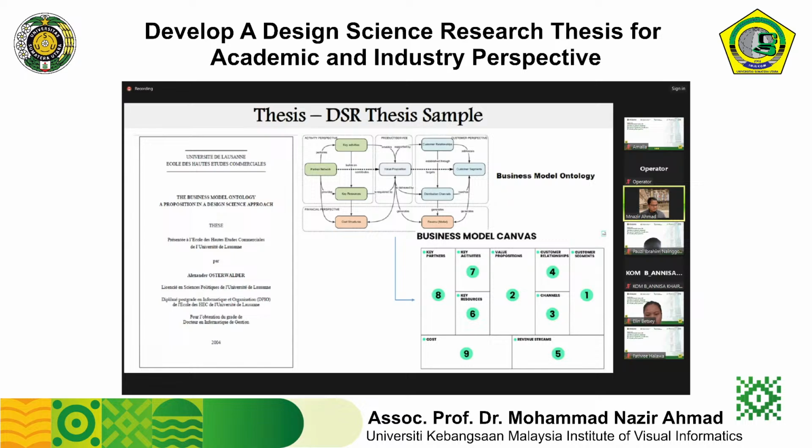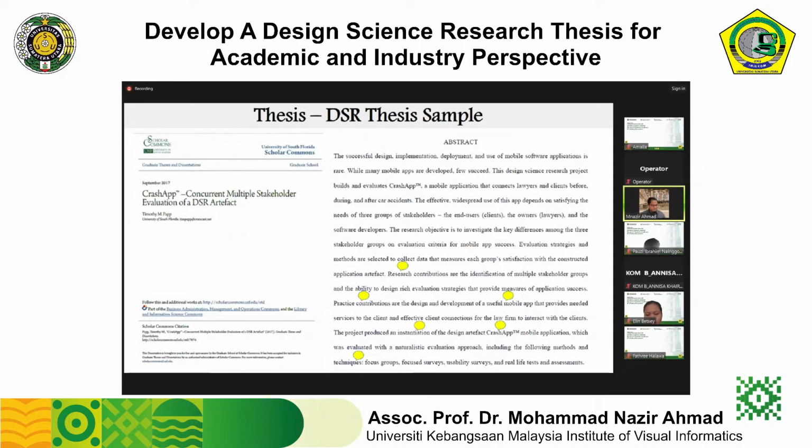You can see how the design science research thesis was built, and this thesis actually attracted industry expectation, industry need, where the BMC is actually popular in the rest of the world. So many people use the business model canvas, right? Another thesis here is by Hefner's students, the Crash App. The Crash App is actually a prototype.